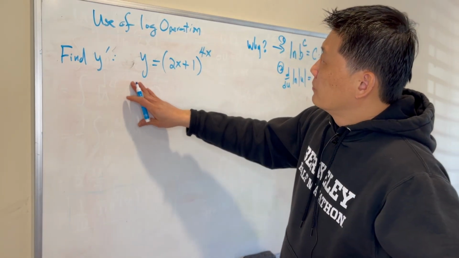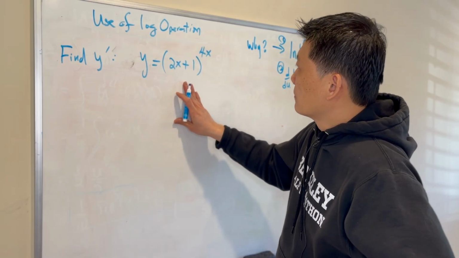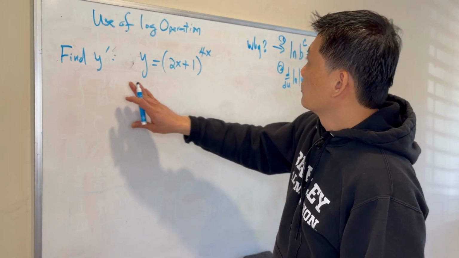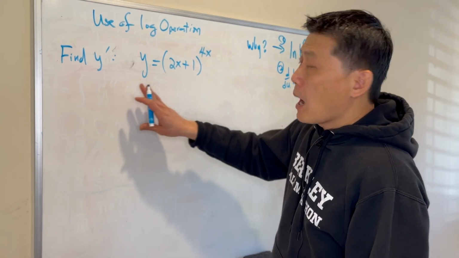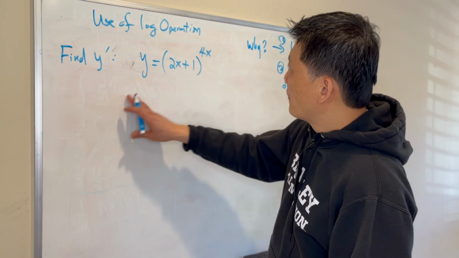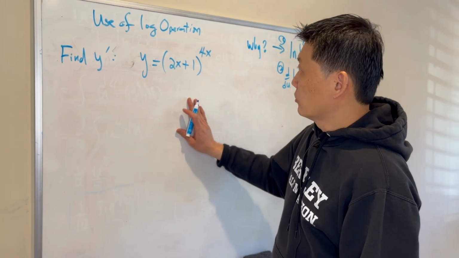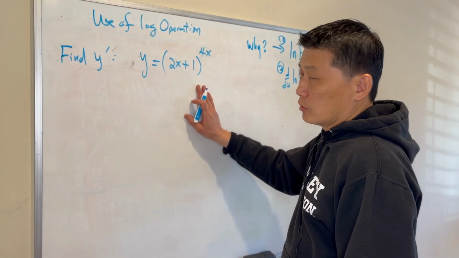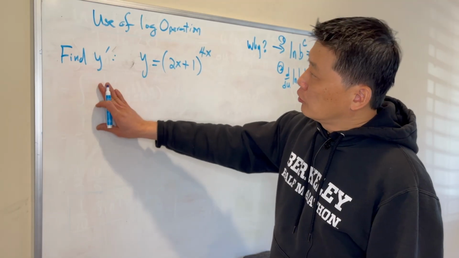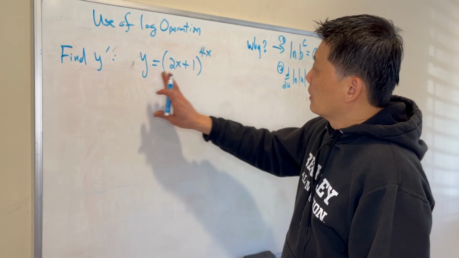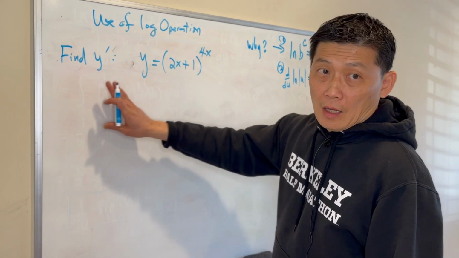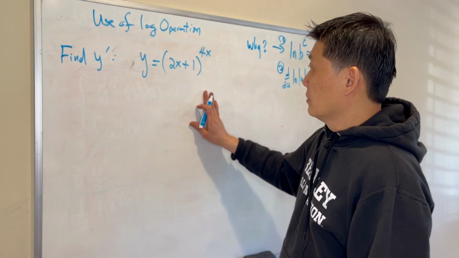We want to solve for y prime, but we cannot solve this directly. But what we can do is operate ln on both sides of the equation, because this is a function on the left side of the equation and a function on the right side of the equation. If I use log on the function on the left and also on the right, this is okay.